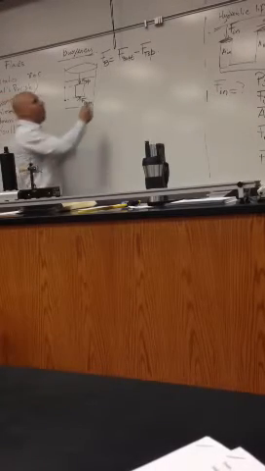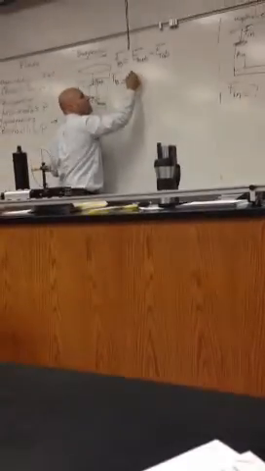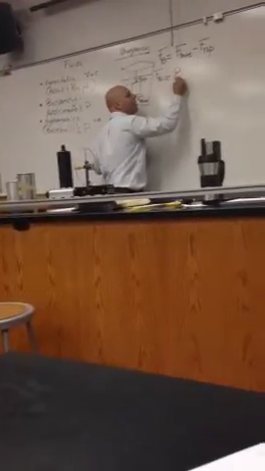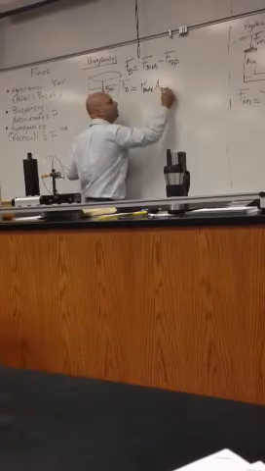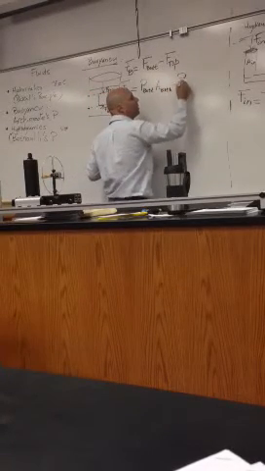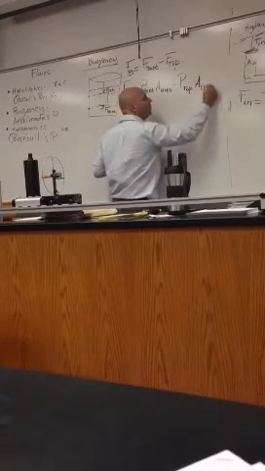Since the force at the bottom is the pressure at the bottom times the area at the bottom, minus the pressure at the top times the area at the top. Let's assume that it's the same area.